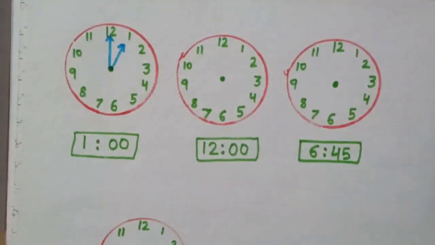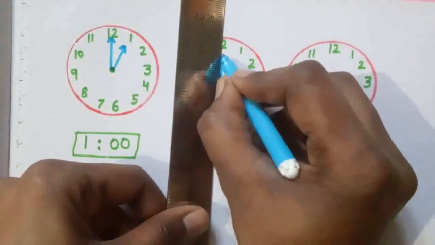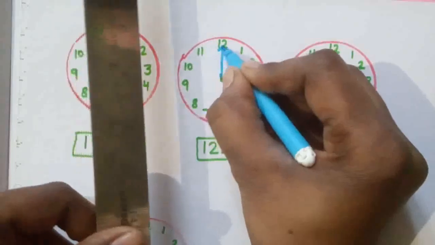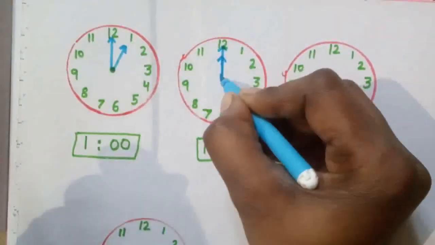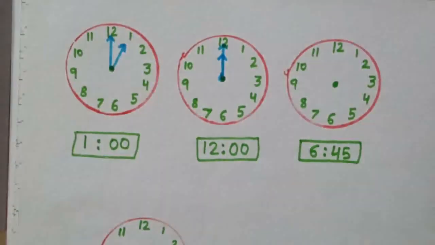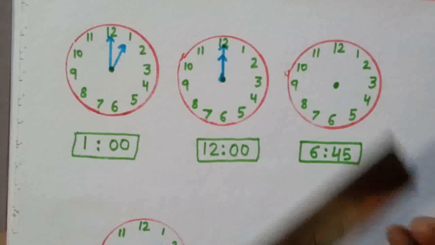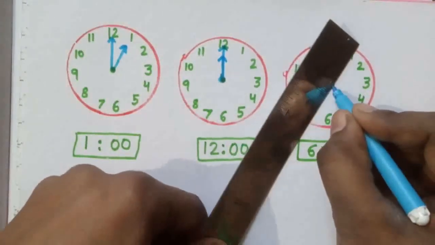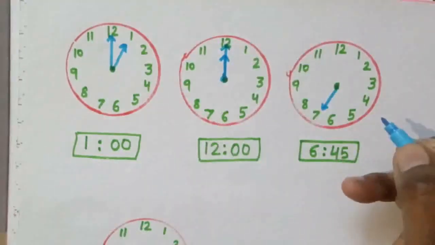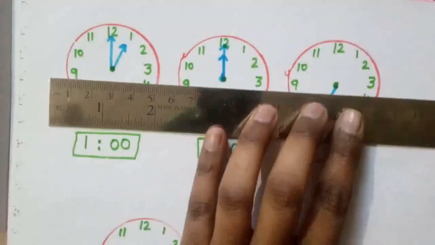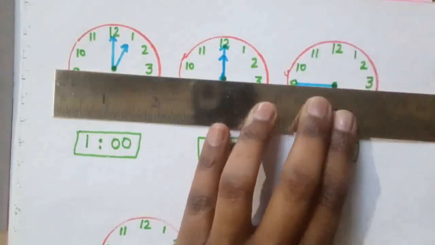After that, 12 o'clock. Minute hand at 12. Hour hand also at 12. It's 12 o'clock. Okay children, 6:45 means quarter to 7. 9 fives are 45.